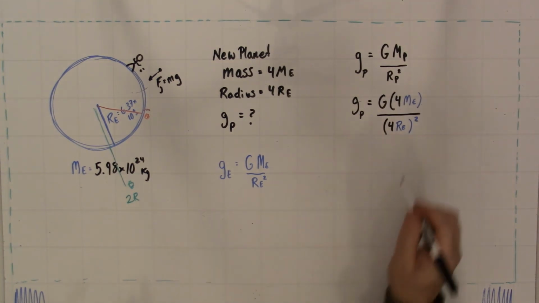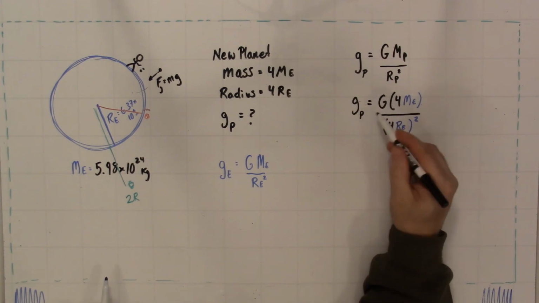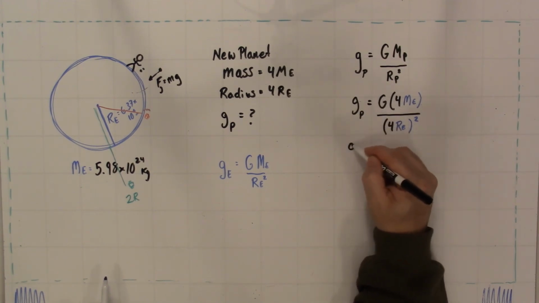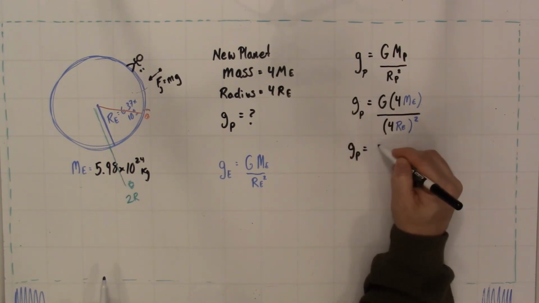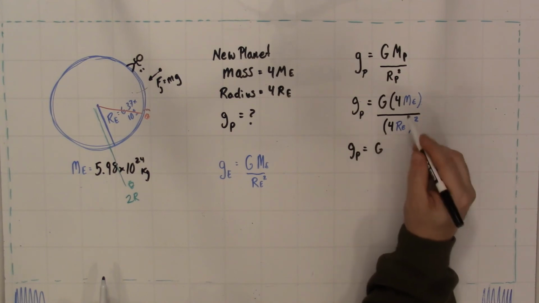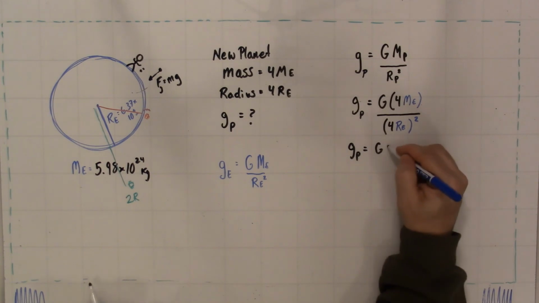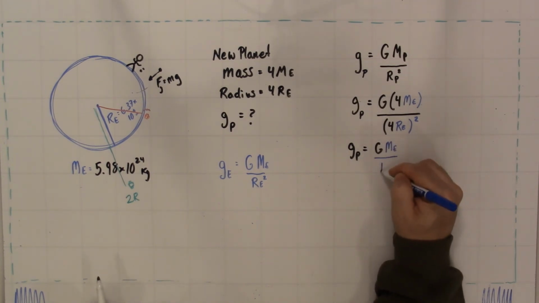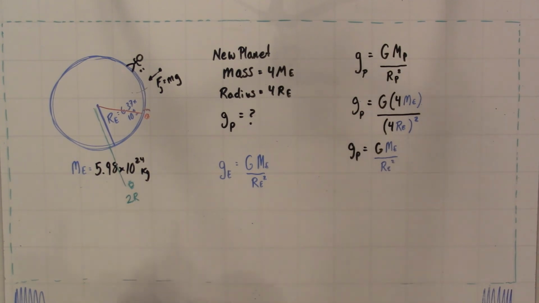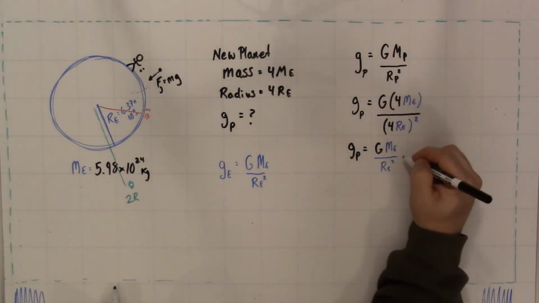Now, if you're watching closely, you can see something interesting is happening here, where we're ending up with some stuff that we already understand. Here I have G times the mass of the Earth divided by the radius of the Earth squared, and then what am I multiplying it by? Well, what was my coefficient on top?